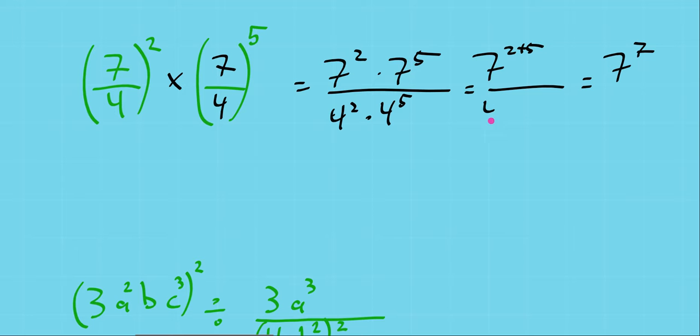And on the bottom, that's 4 to the 2 plus 5, which is 4 to the 7th power. We could find out that 7 to the 7th power is some large number that I don't know, and 4 to the 7th power is some other large number I'm not sure about. We could divide them and get something ugly. But this is a good place to stop for our exponent rules.